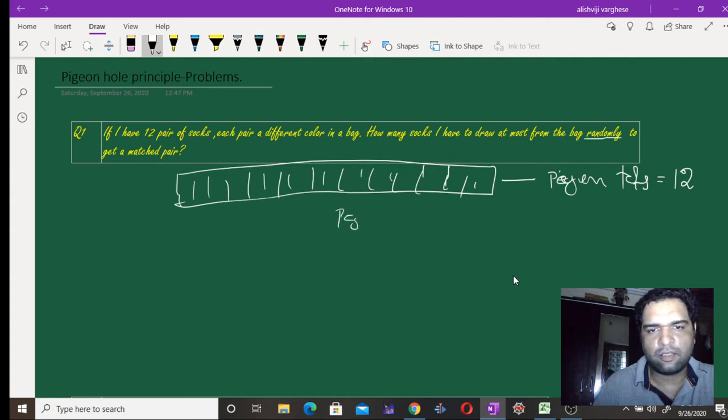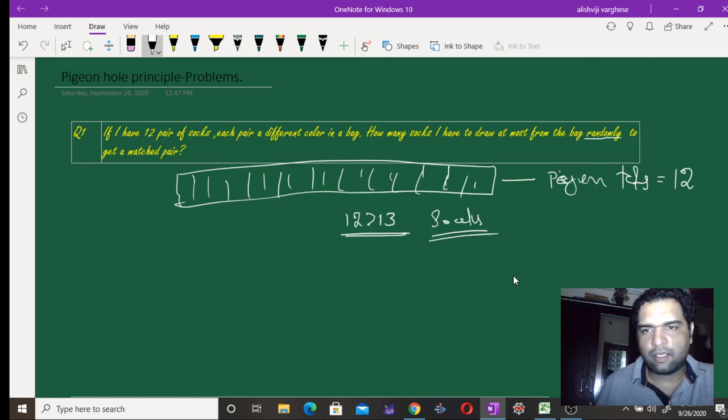Here the term pigeonhole stands for a particular color of socks, say red socks or something like that. So to ensure that at least one color occurs twice, we need more than 12 socks. We should select more than 12 socks, and the next number greater than 12 is 13. So we need 13 socks to ensure that we get a pair.